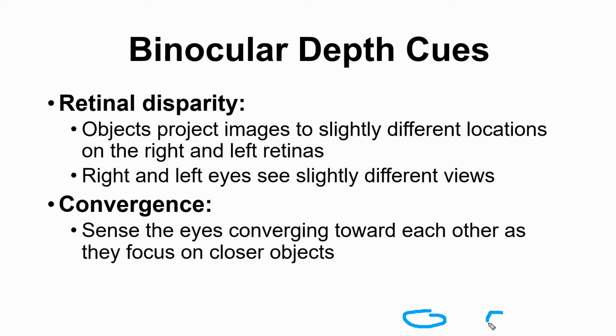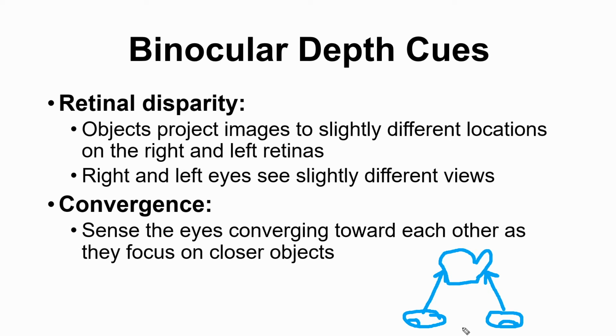So if we're looking down on our eyes, so these are our eyes from the top, and we're looking at maybe our hand in front of our face. So I'm just going to draw like a mitten shape, because that's perfect there. And so our left eye is going to be seeing this side of the mitten, and our right eye is going to be seeing that side of the mitten, and it's going to project to slightly different places on our retina, and they're seeing it from slightly different angles.